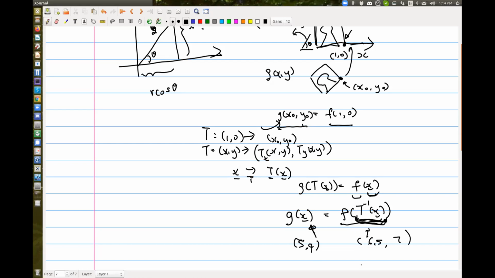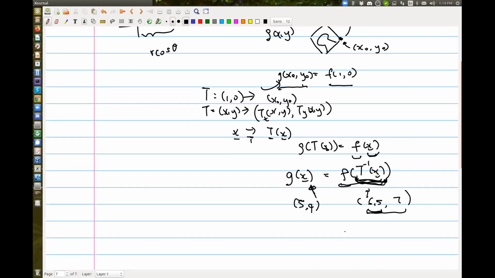I don't have 6.5 and 7 for f, but we can do interpolation as we did last time. I can approximate this as f(6,7) plus f(7,7), and take the average of them, something like that.